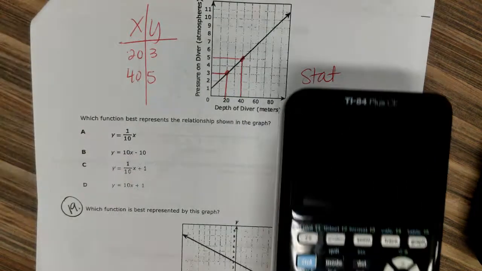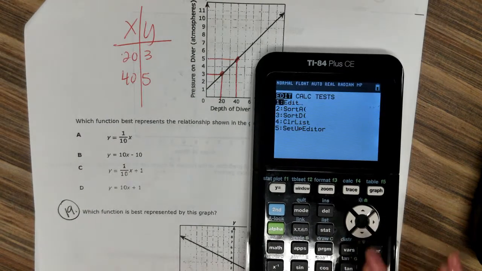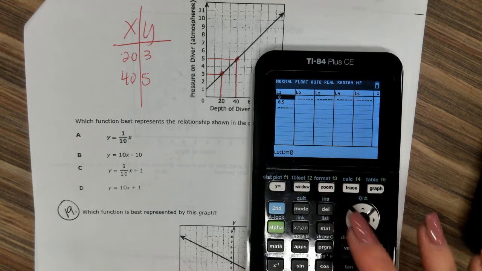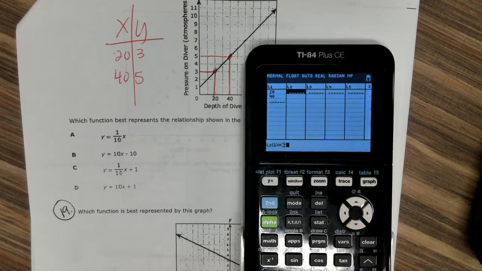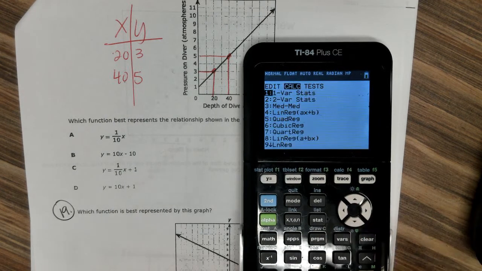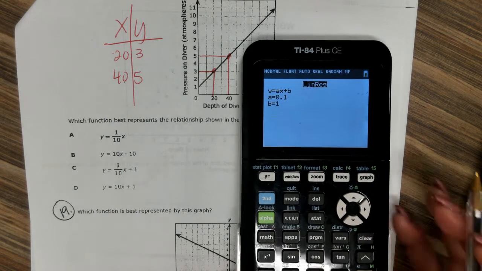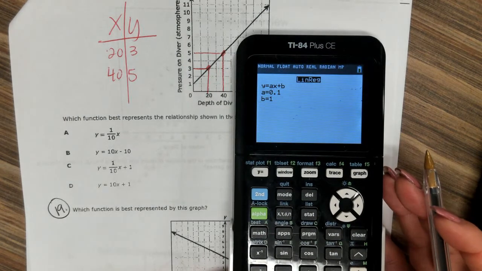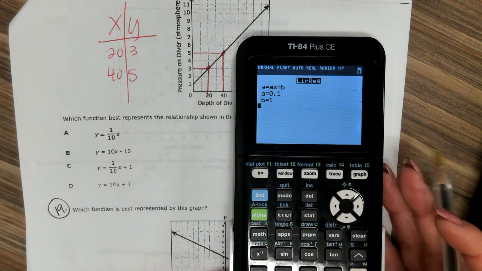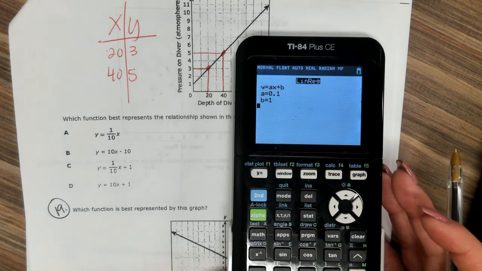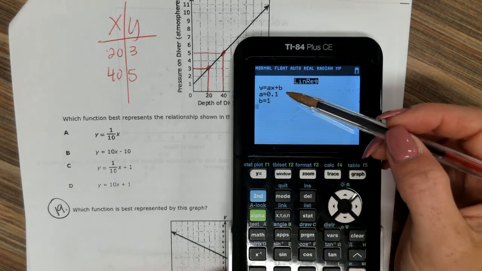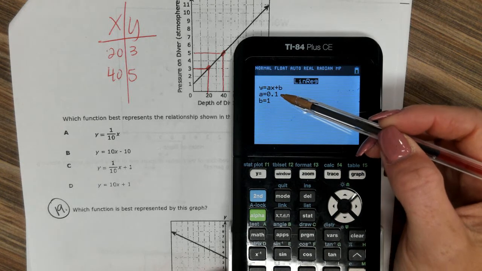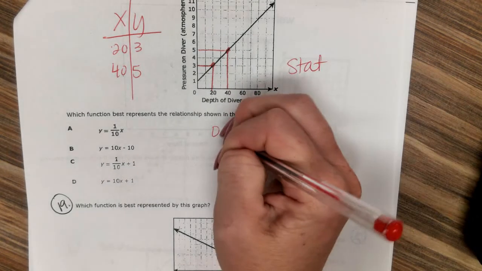Yes. We're going to go to stat. $20, $40, $3, $5. Stat calc. What's the slope? It's not 1. What's the slope? Y'all can read it to me right here. What's the slope? 0.1.